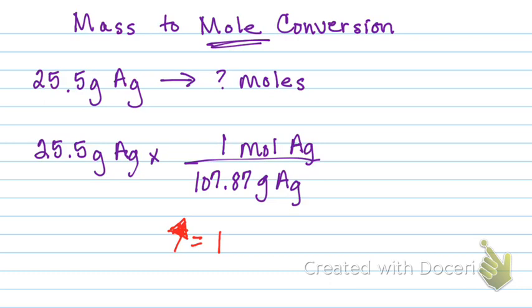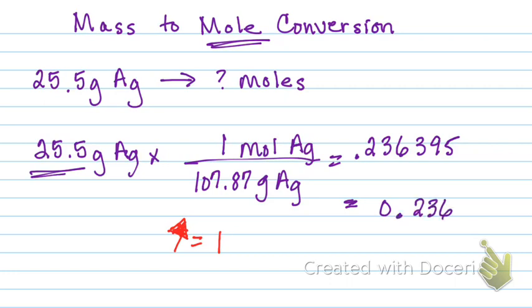So I pick up the calculator and I do 25.5 divided by 107.87, and the calculator tells me it's 0.236395, blah, blah, blah. A few more numbers, okay? I only want 3 sig figs because that's what they gave me in the problem. So my answer here is 0.236.